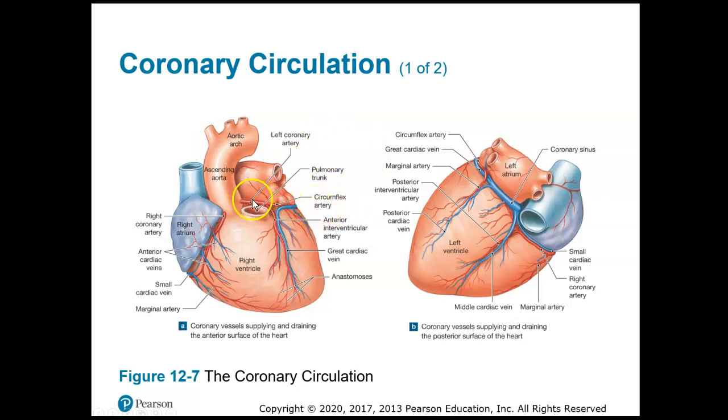So we have the left coronary artery here, and then the circumflex artery, which goes all the way around behind and kind of encircles the heart. And we have the great cardiac vein, which is found in the interventricular sulcus between the two ventricles.